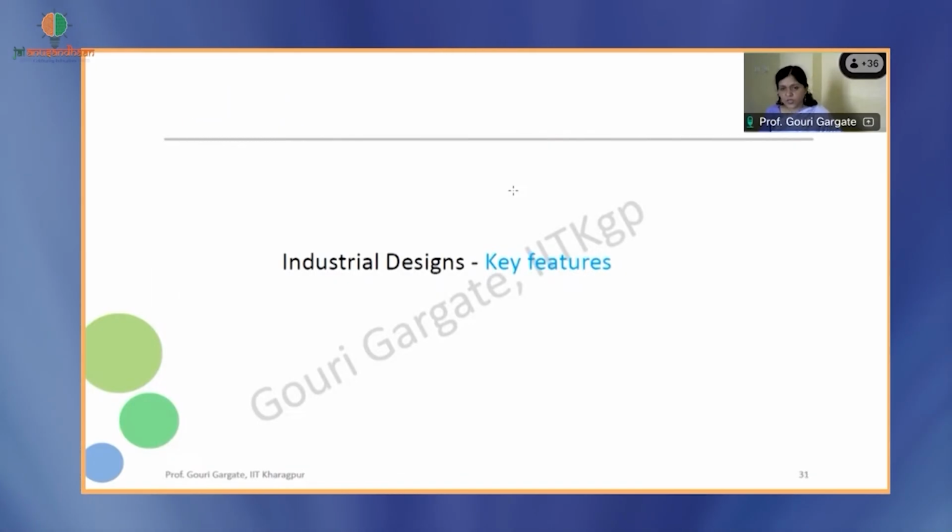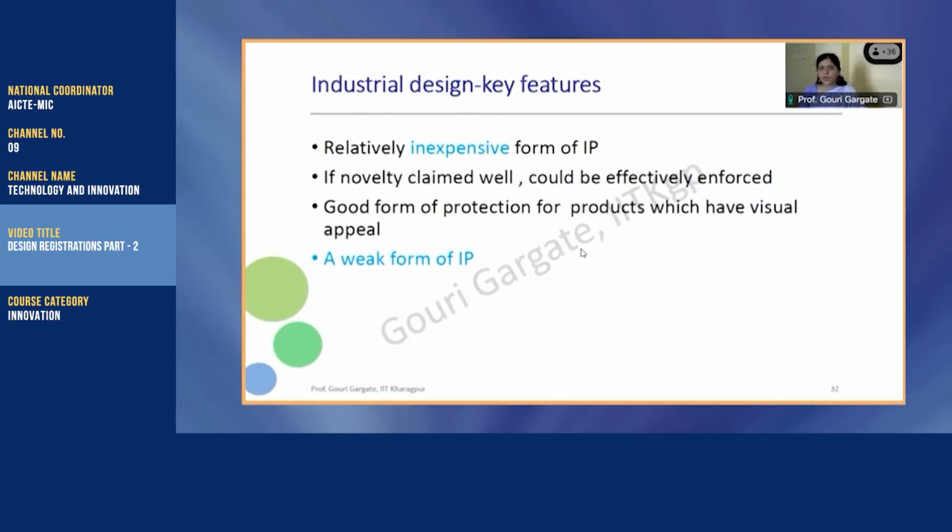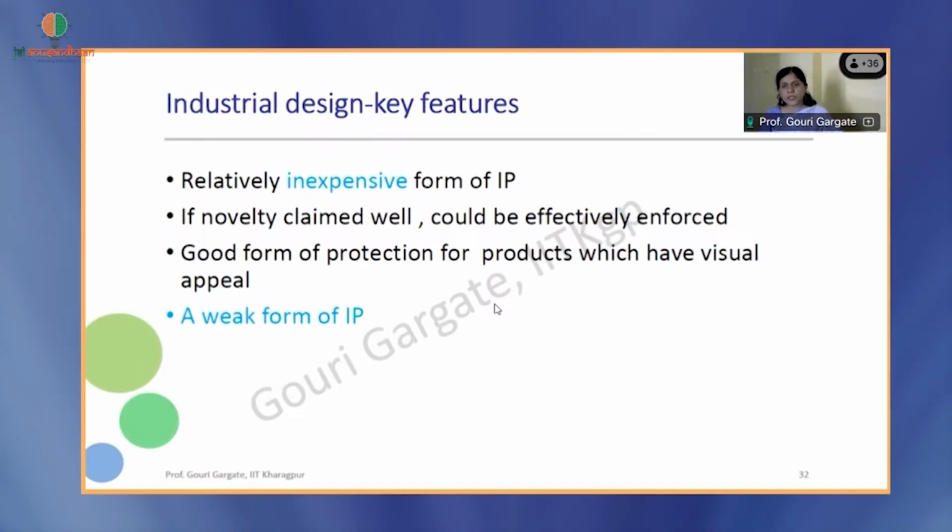The key features of design: we can say that it is definitely a relatively inexpensive form of IP. It is a very easy form. Just now, sir has shared that you need 6 views. We have to just take photographs, or you can have the design on trace paper, and along with that some documentation and some details we have to give. So it is so easy.